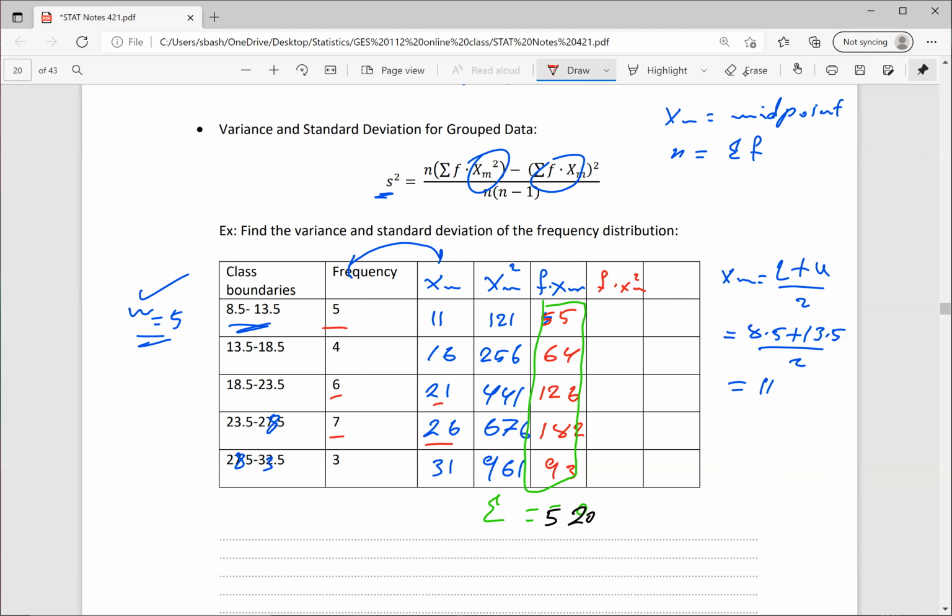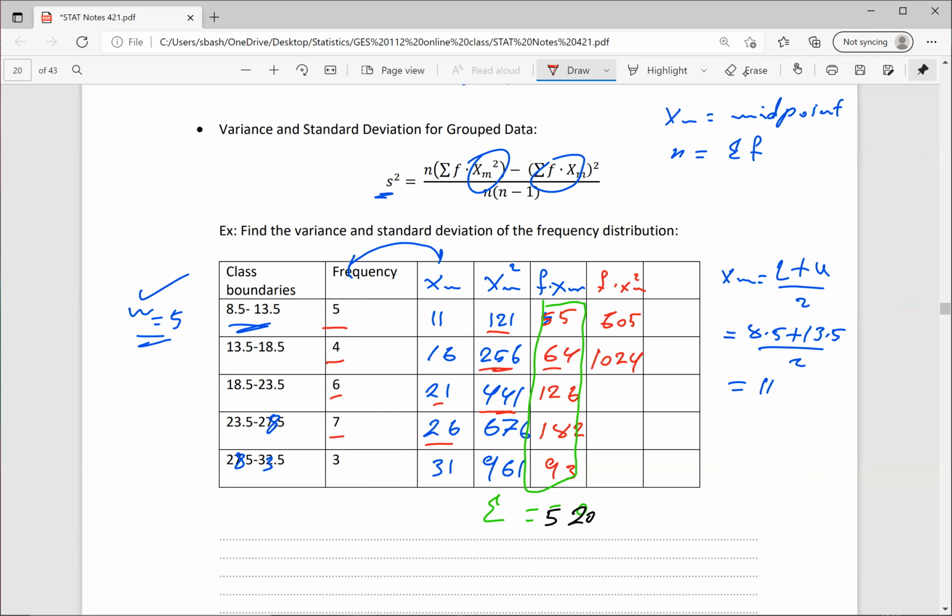First one is 5 times 121, that will be 605. 4 multiplied by 256, that will be 1024.